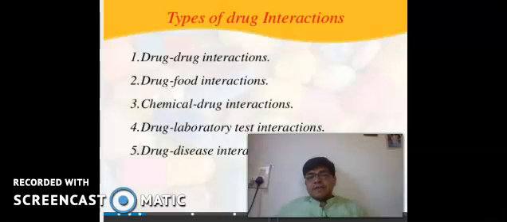So, types of drug interaction. This is an important parameter in drug interaction. Different types of drug interactions are there.